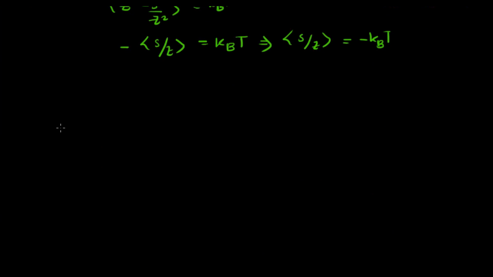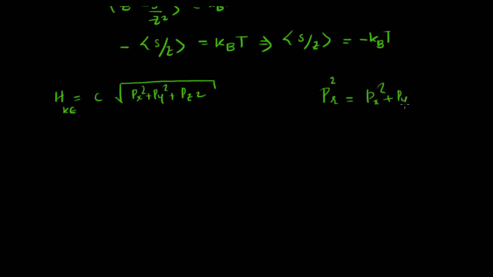We are left with the kinetic energy part, which is c times the square root of px squared plus py squared plus pz squared. In general, you can take any coordinate like p_r, in the r, theta, phi coordinate system, where the radial momentum p_r squared is px squared plus py squared plus pz squared. So we can replace the square root of p_r squared by p_r, and the kinetic energy part will be c times p_r.